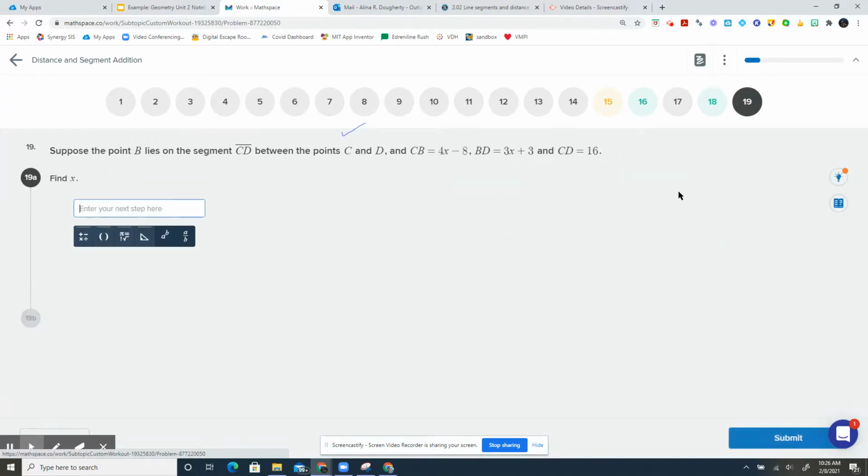Oh, no, it didn't. Question number 19, you're going to follow the same way. Draw the picture. B lies on segment CD between points C and D. So you're going to draw a line segment with C and D as endpoints, B in the middle, and then label all your stuff. See if you can set up the correct equation and solve. Remember, you've got a couple of equations.